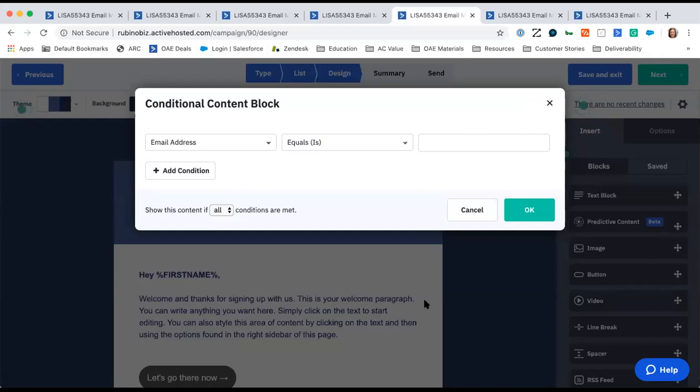You can have each of those blocks in one email, and when it's sent out, based on that criteria, only the people that have those certain tags or conditions on them will see those blocks. So instead of creating 4 or 5 different welcome emails, you can create them all in one. That's just a time saver I wanted to mention.